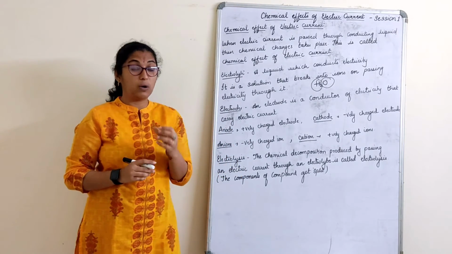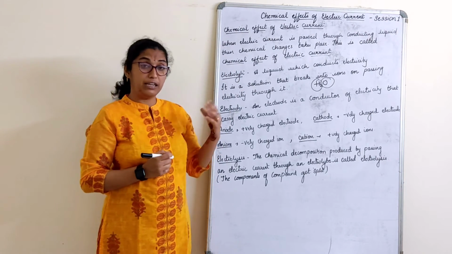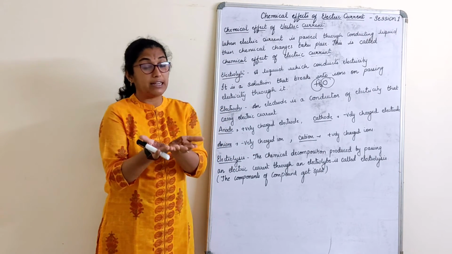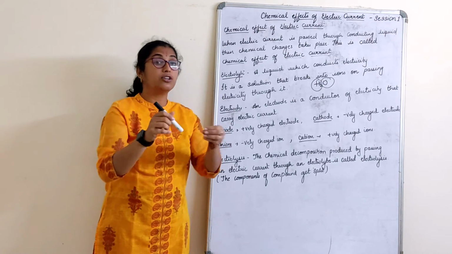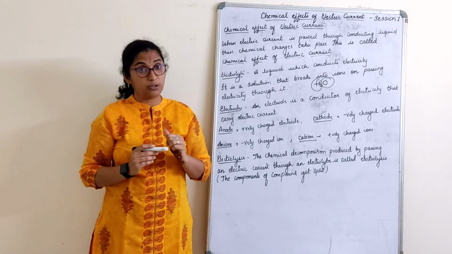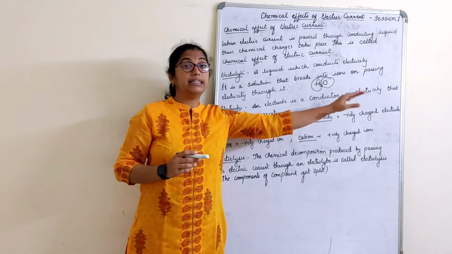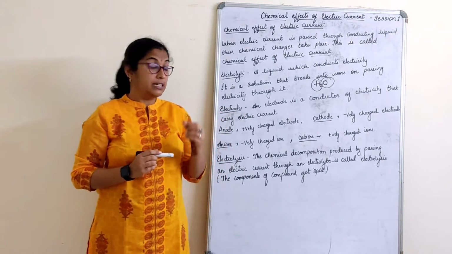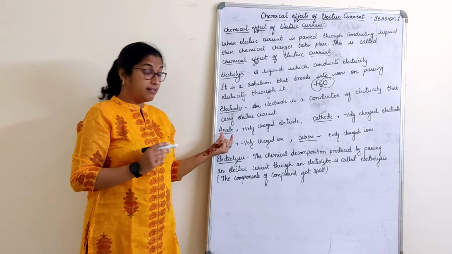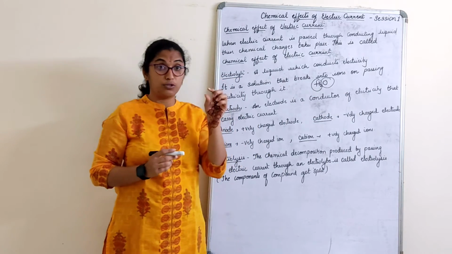So in the experiment of electrolysis, in the electrolytic solution, I insert two electrodes. It's always an anode and a cathode, a positively charged electrode and a negatively charged electrode. You have to remember the names very clearly. Anode positive, cathode negative, electrodes.